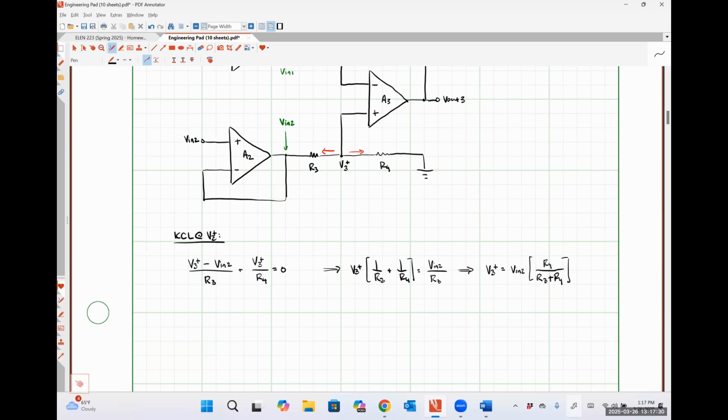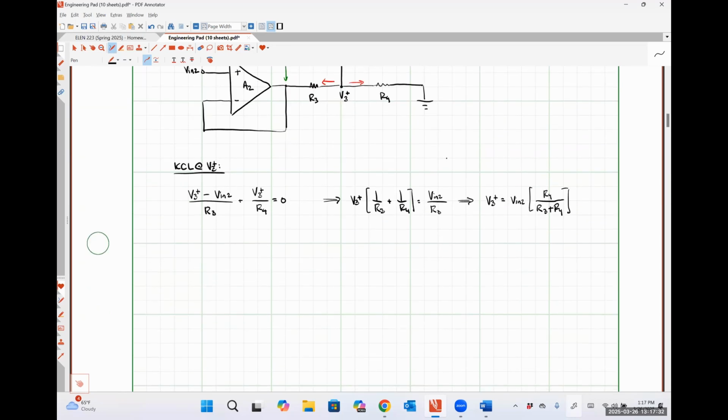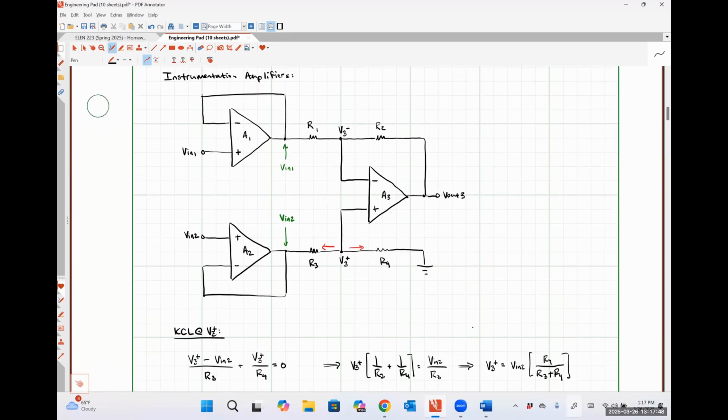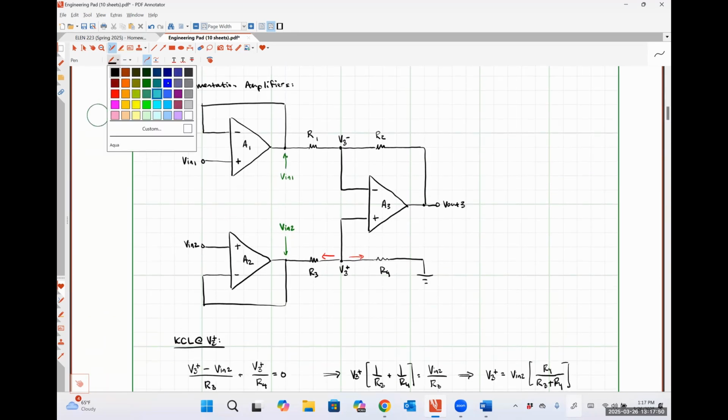Okay. So now let's do KCL at V3 minus. So at V3 minus, we are just going to be adding these two currents together.